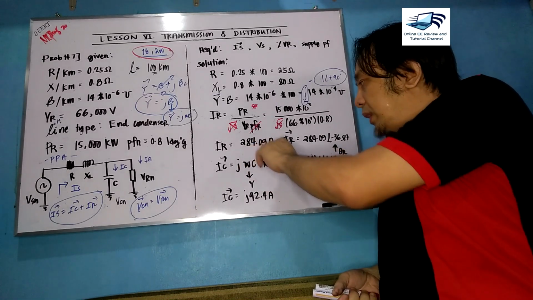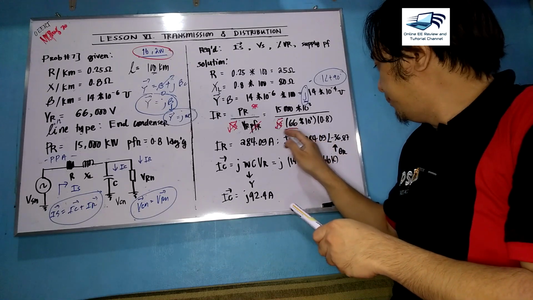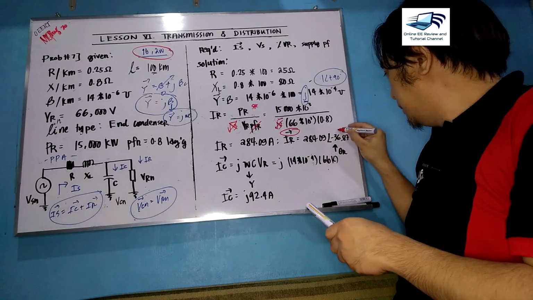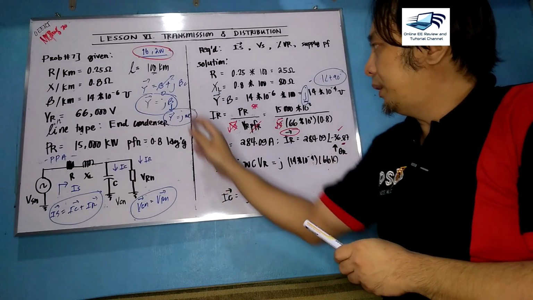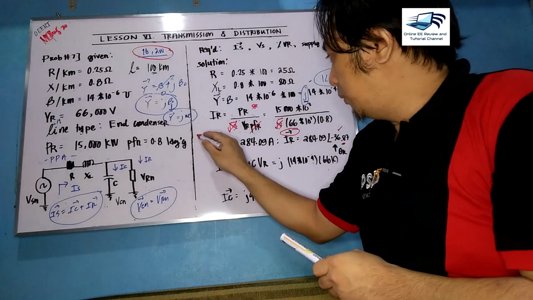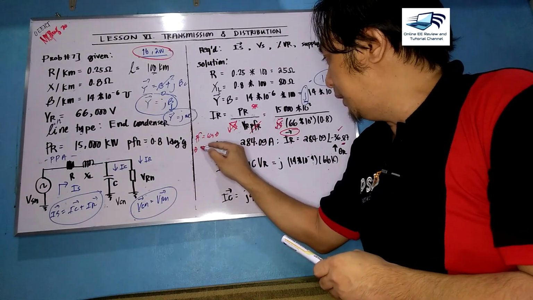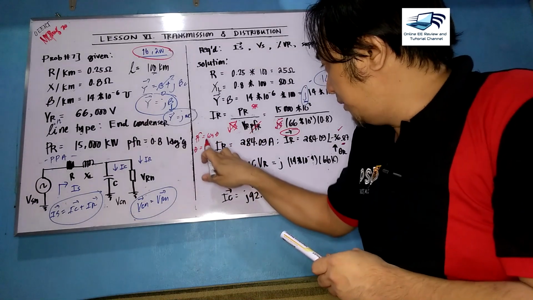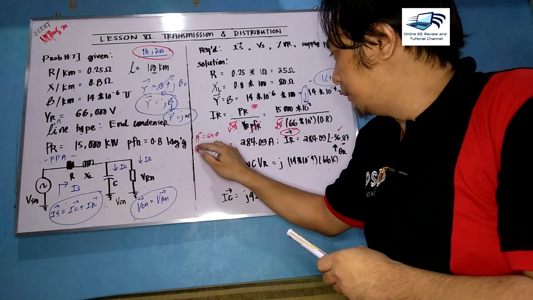The answer is 284.09, and please take note, to have a phasor, don't forget the inverse of the cosine of your 0.8, so that you can now get the theta, because the power factor is cosine of the angle theta, and theta is the inverse cosine of the power factor.